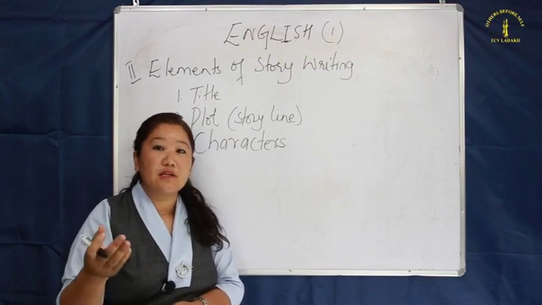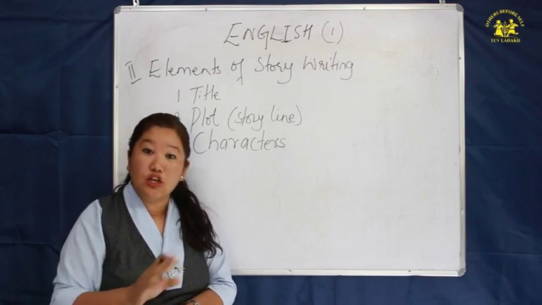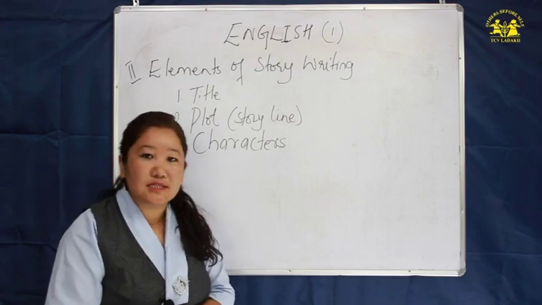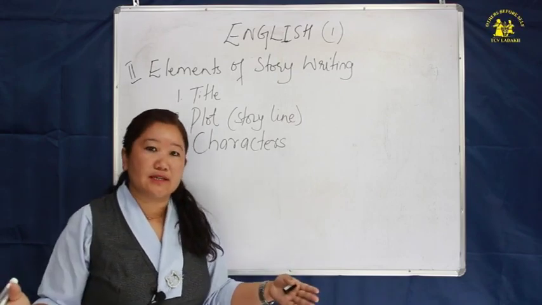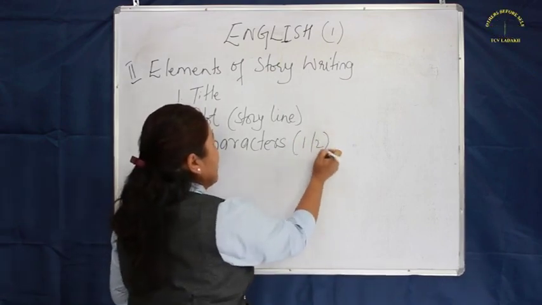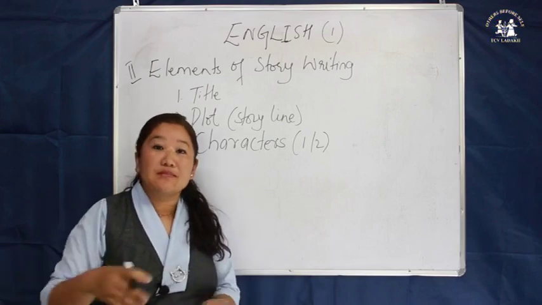When it is given, you don't have to think about the character. But if it's not given, then you have to create your own character. What I suggest is, don't extend your character, don't maximize your character. Your character should be one or two characters, no more than this, because we believe that fewer is better.